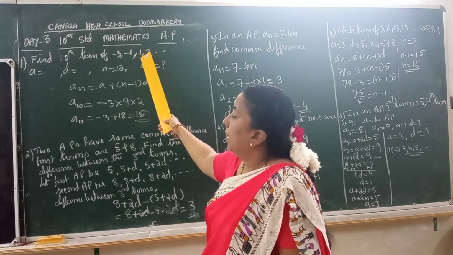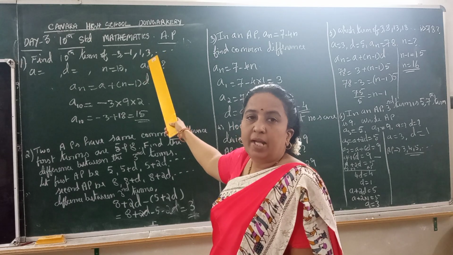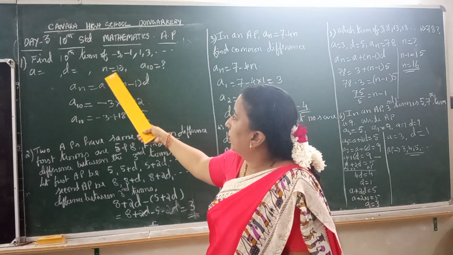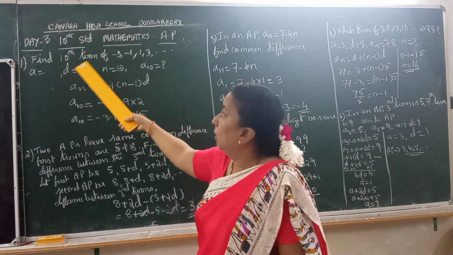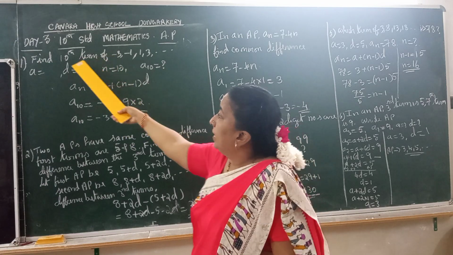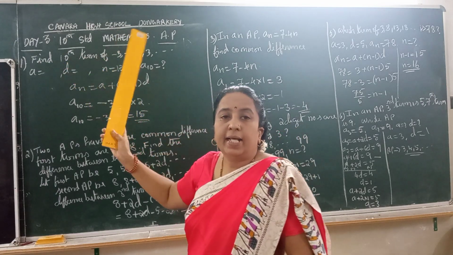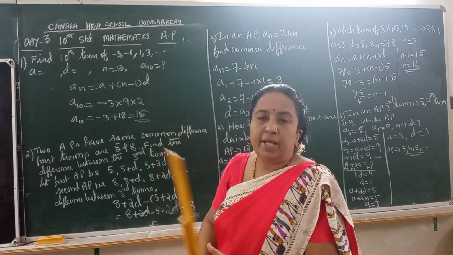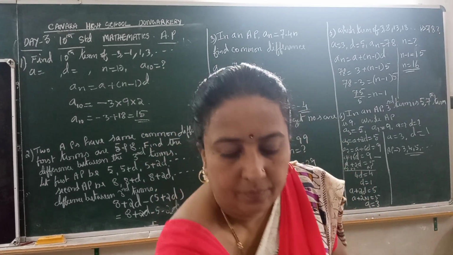Last term minus the term before. 3 minus 1 is how much? 2. Therefore common difference is 2. First term is how much? Minus 3. Which term we have to find? 10th term. Therefore n is equal to 10. A10 has to be found out. Right?